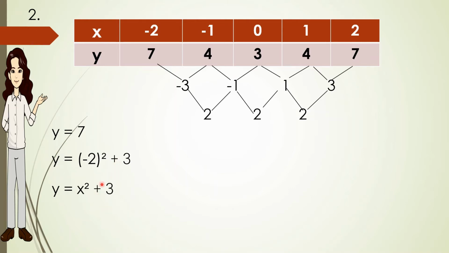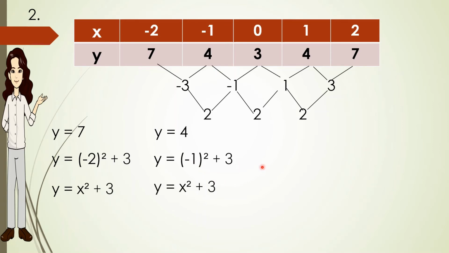Okay. So tumatama yung ating pattern, magiging 7 siya kung gagamitan natin ito at isa-substitute natin yung negative 2. So paano naman if you're going to substitute is negative 1? Magiging 4 kaya. So ang y natin is equal to 4. Okay. So kung 4 yan, ang x squared natin magiging negative 1 times negative 1 is positive 1.